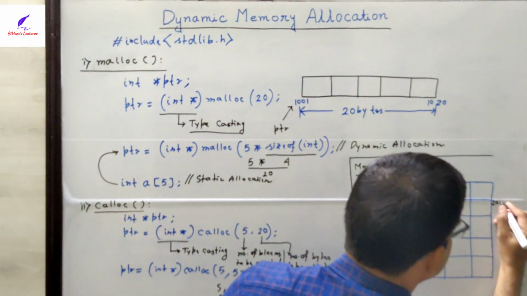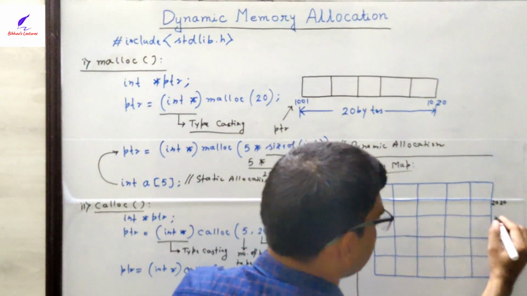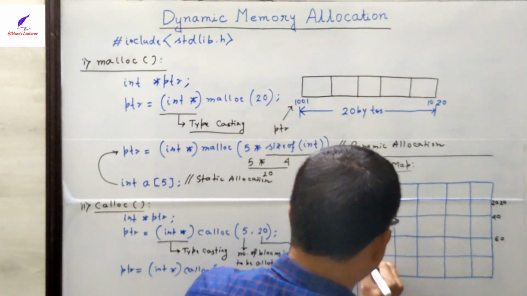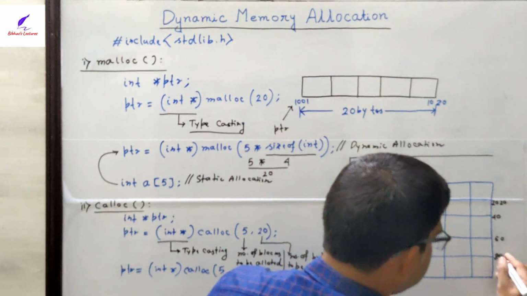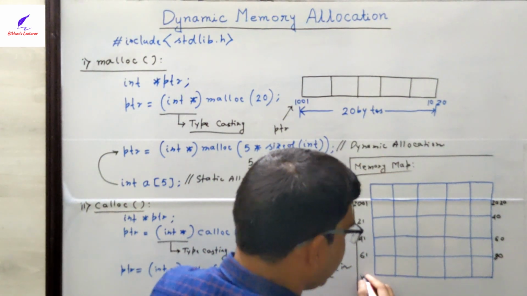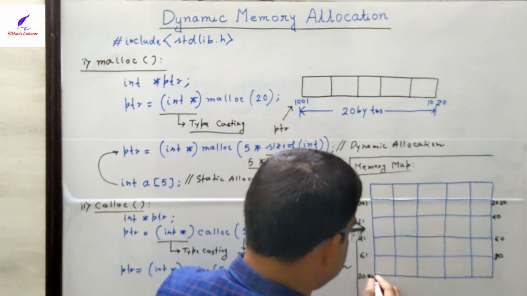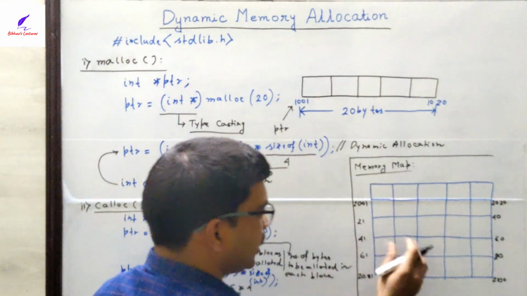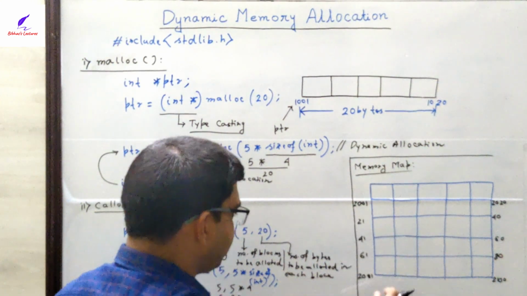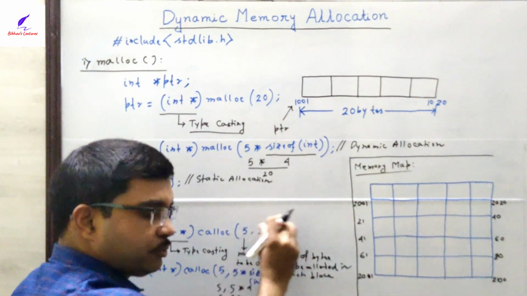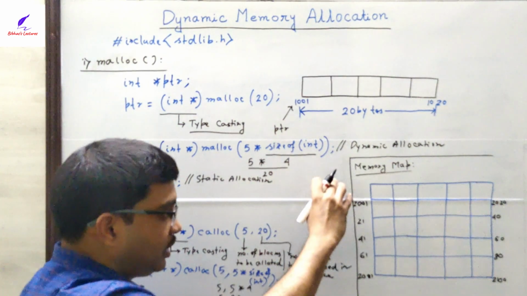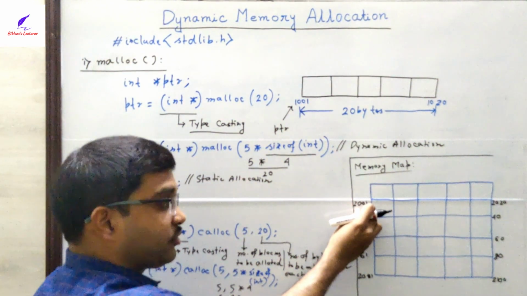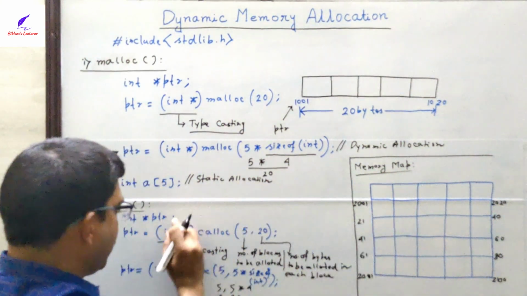So it will end at 2020, then from 2021 to 2040, then 2041 to 2060, then 2061 to 2080, and finally 2081 to 2100. So after allocating this 100 bytes of memory, that means 5 blocks and each block 20 bytes, that means 5 times 20 is 100 bytes of memory, it will return the starting address of the first block, that is 2001, to the pointer ptr.